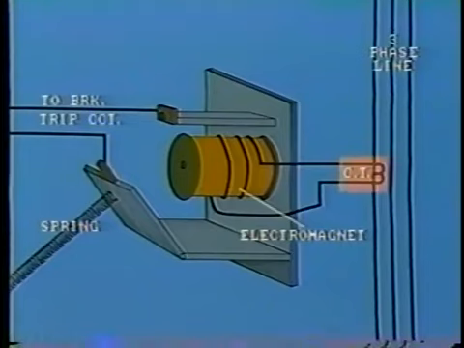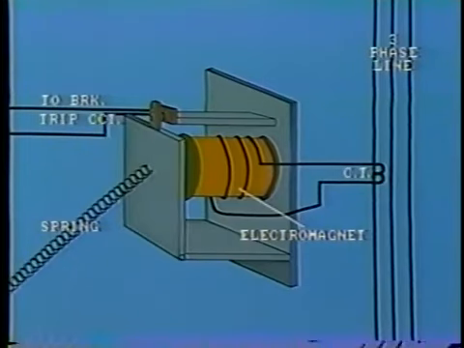If the current input to the relay is above the preset pickup level, then the relay contacts will close and so energize the tripping circuit. The pickup level can be adjusted by selecting taps on the coil and also by adjusting spring tension.